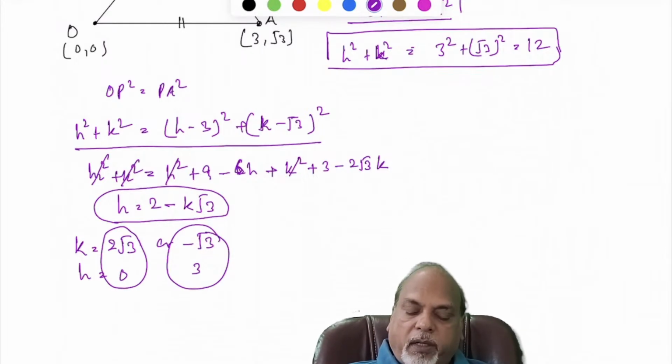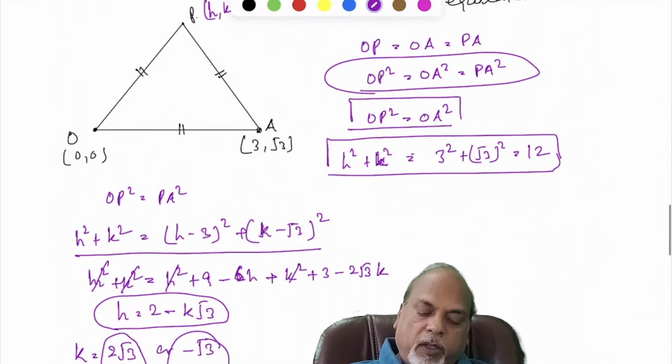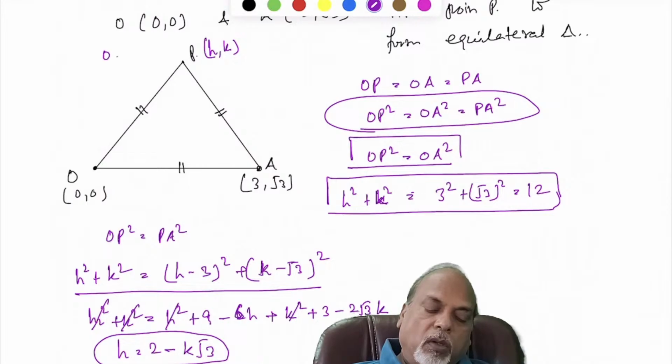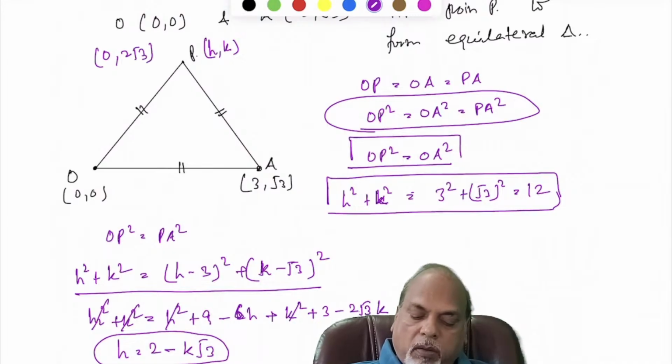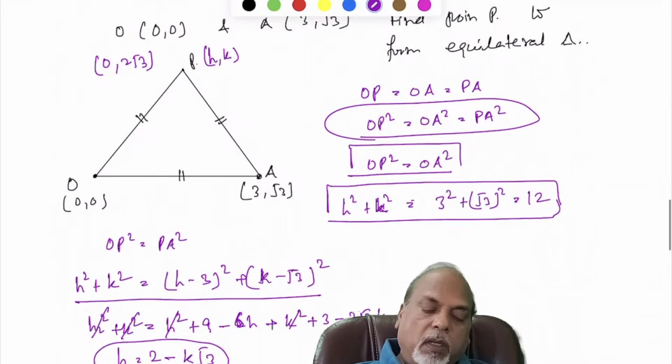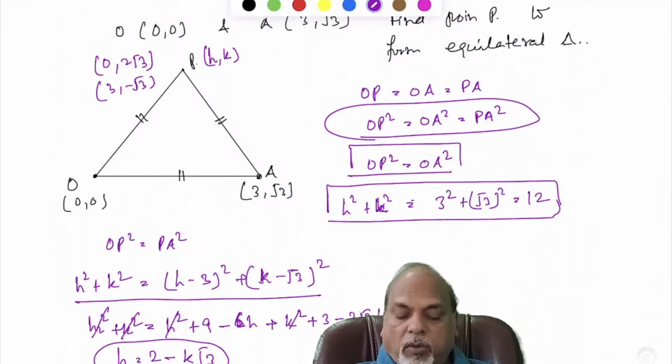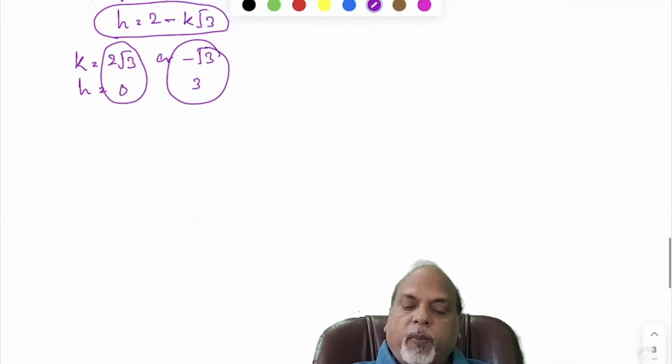That means coordinates of the P can be 0, 2 root 3 and 3, minus root 3. Now you will say why these two things are coming. So let us visualize it correctly.